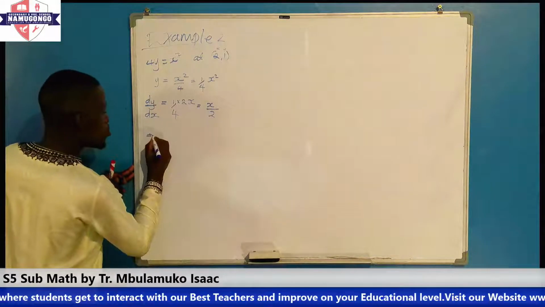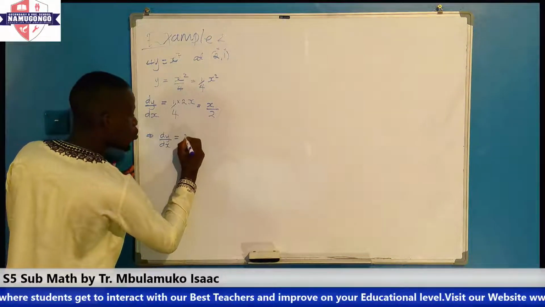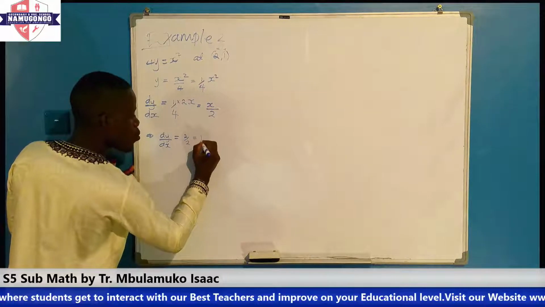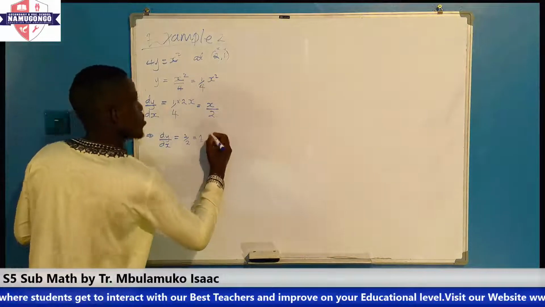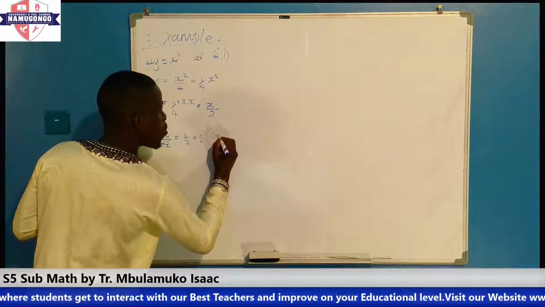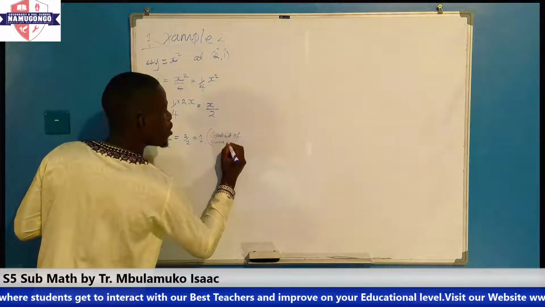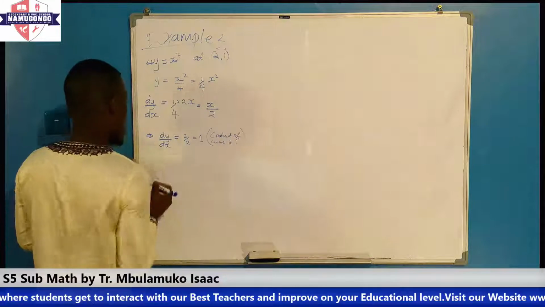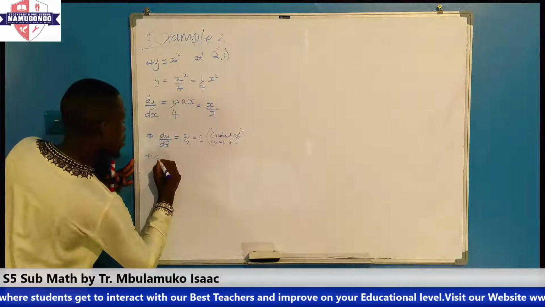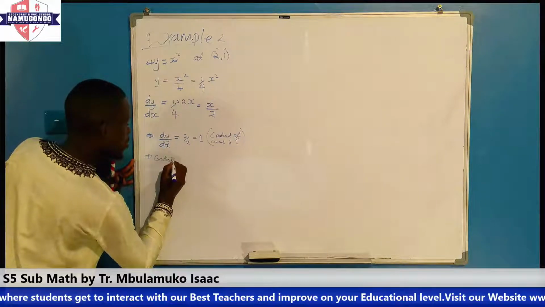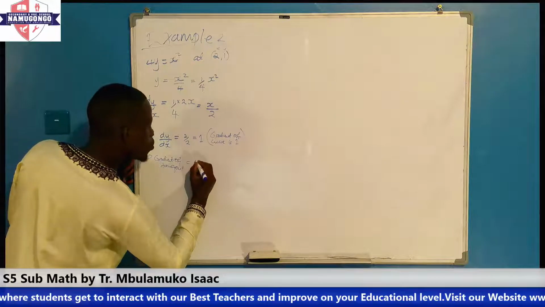So when we substitute, therefore, we shall have dy/dx, with x being equal to 2, which gives us 1. And therefore the gradient of the curve is 1. But we say also the gradient of the tangent is going to be equal to 1.